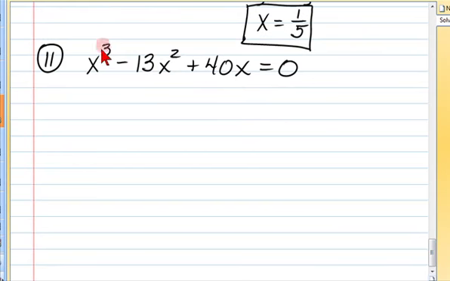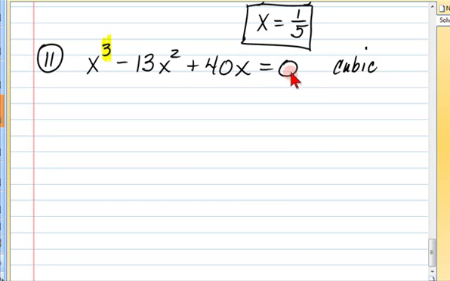Now, do you notice, and are you somewhat glad I decided to do this example, because this is not quadratic. This one is called cubic. It is third degree. Nevertheless, all of my process is going to be the same. Okay? Well, it's a cubic equation.